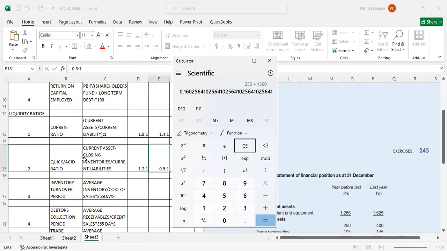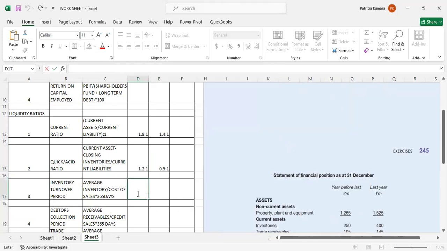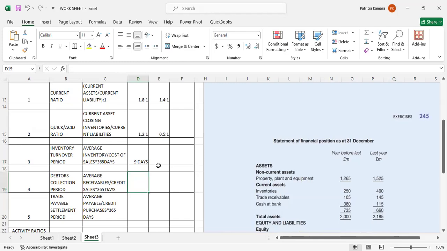The figure that we get, we multiply by 365 days, giving us, let's say, 9 days. How long does it take us to convert our inventory?